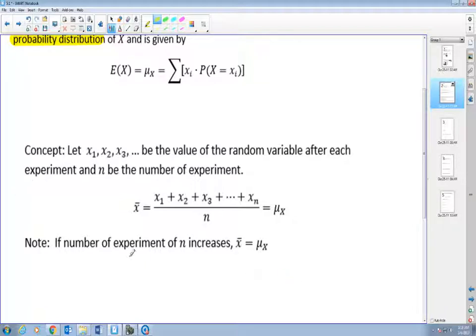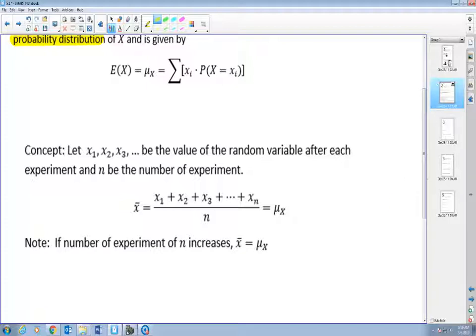What it's trying to say, which is very similar to the law of large numbers, is that if the number of experiments n increases, if I keep on doing the experiment, eventually my sample mean will equal the mean of the population for the random variable x. So what does that really mean for us?